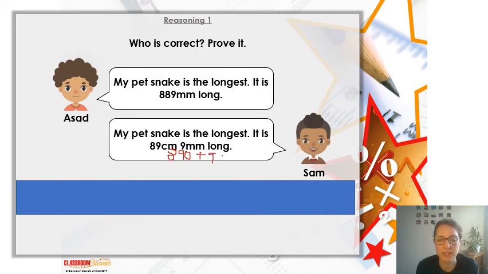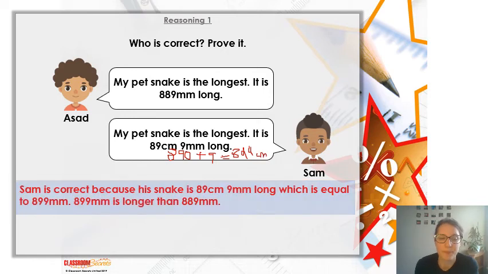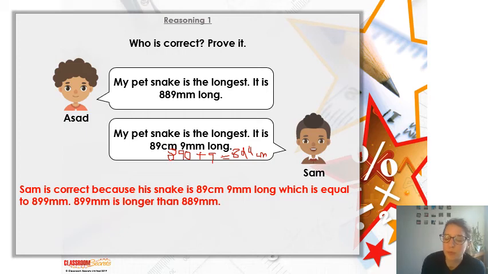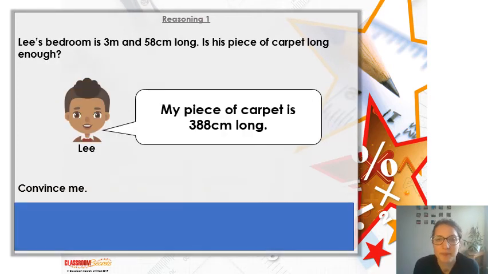Okay, which gives me 899. Okay, so now they're both in the same unit of measure. It's easier for me to work out. So Sam is correct because 89 centimetres and 9 millimetres long is equal to 899, and that is longer. Okay, so well done if you spotted that.